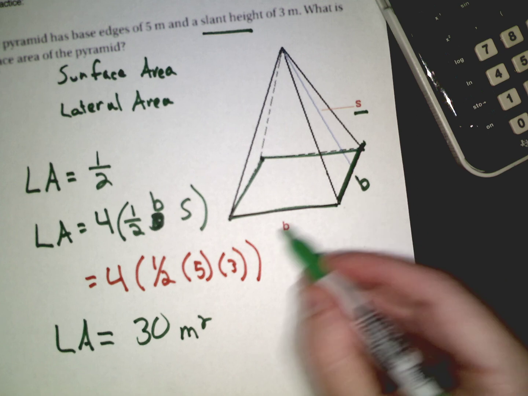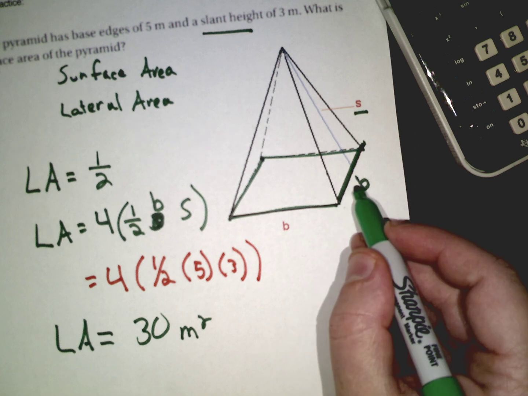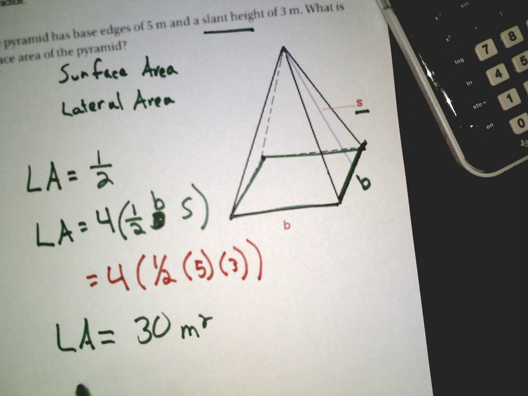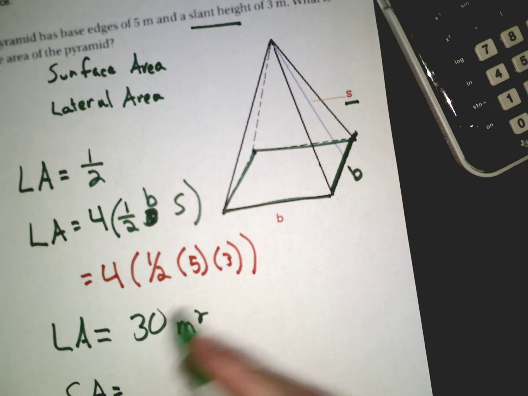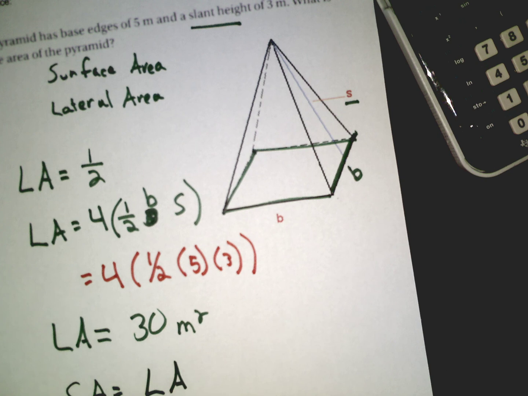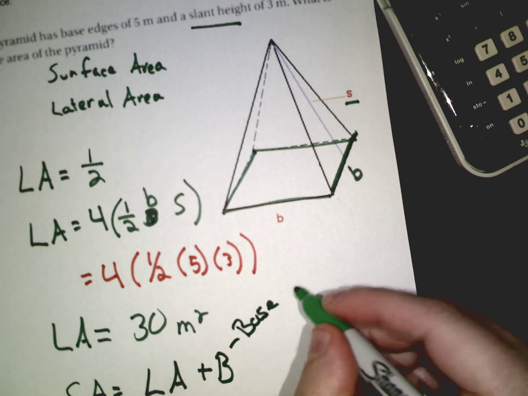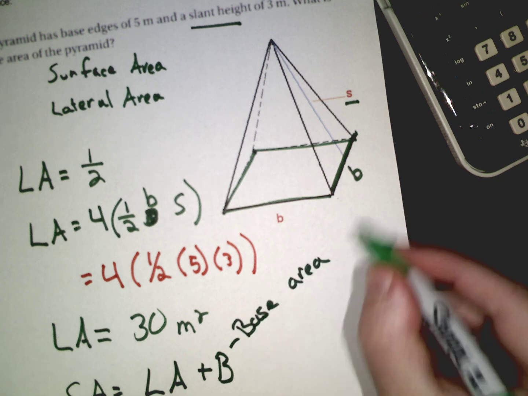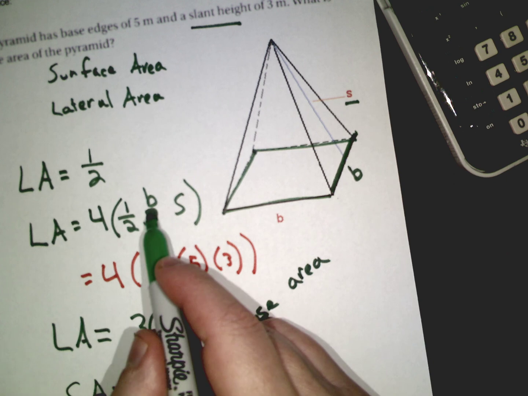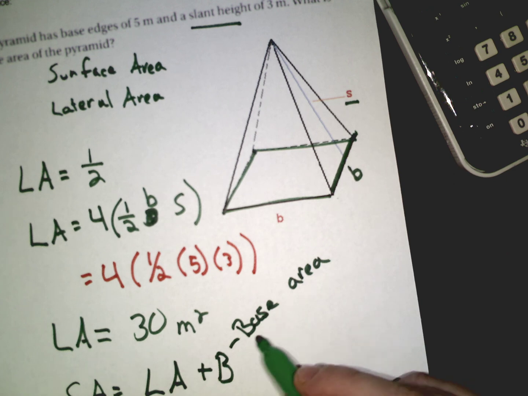So our surface area is lateral area plus B. Big B means base area. Little b just means base.